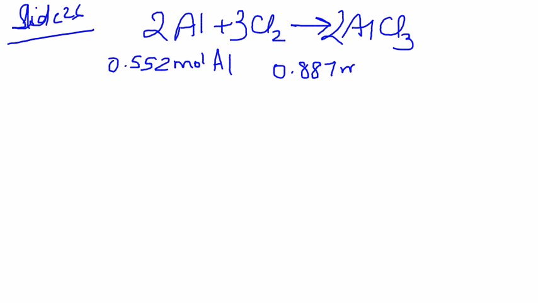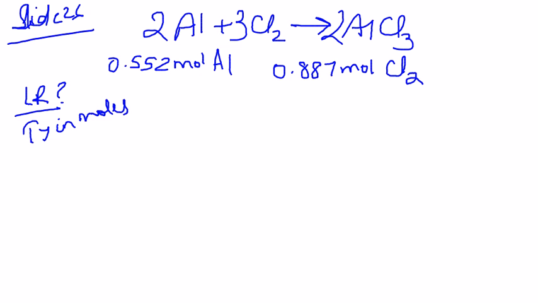You're given 0.887 moles of, it really should say Cl2, not just Cl, because Cl doesn't exist as a monoatomic, but rather a diatomic molecule. And again, the question asks you what is the limiting reagent, and it asks you for the theoretical yield in moles. So similar to the previous question here.